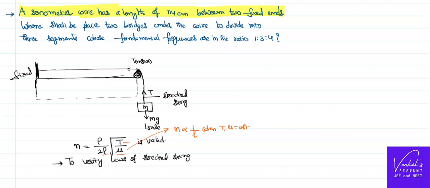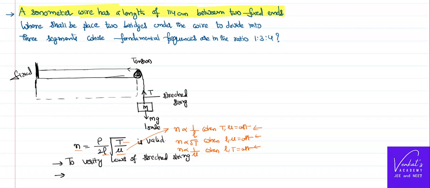When length and linear density are constant, frequency is directly proportional to the square root of tension. Simple. When length and tension are constant, frequency is inversely proportional to the square root of linear density. These three laws are called the laws of stretched strings, and they can be verified using this device called the sonometer.